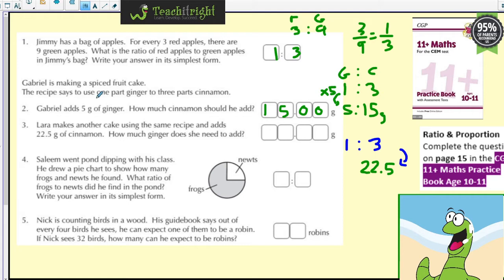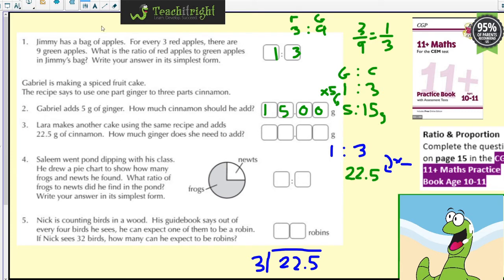Now, you might be able to spot this one. You might not. If you can't, this is where I'd use the trick of dividing the large number by the smaller. So if I divide 22.5 by 3, I'm going to use a bus stop. That's how I do all my divisions. Whatever the answer from the bus stop is, will be how many times larger 22.5 is than 3.